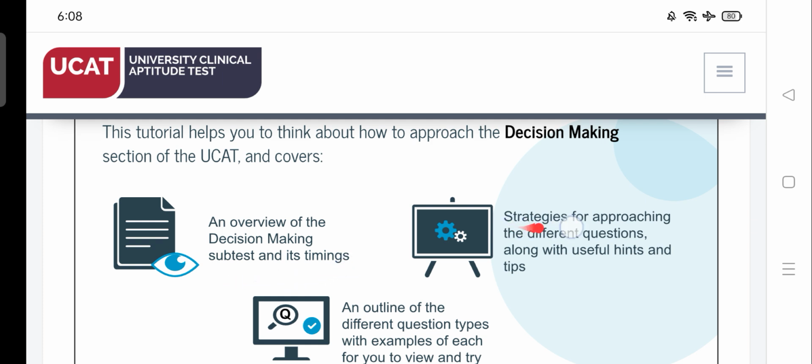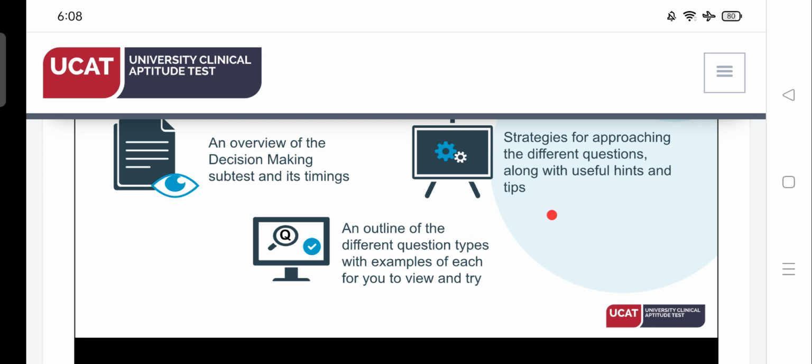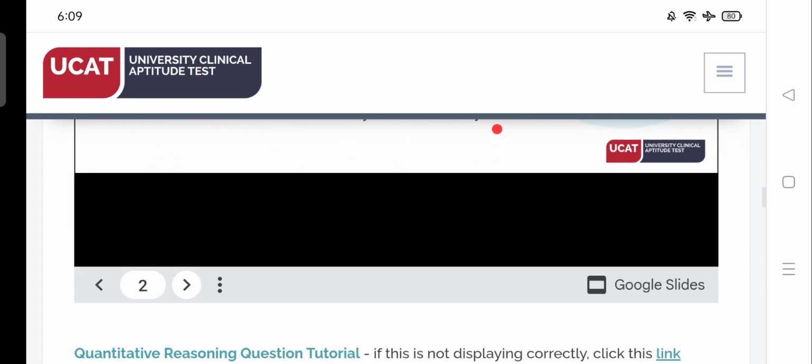Second, strategies for approaching the different questions along with useful hints and tips. Third, an outline of the different question types with examples of each for you to view and try. So these are the three basic points that we're going to learn and understand in the following slides.